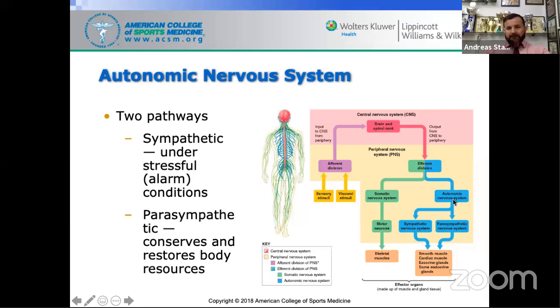Now I have the autonomic nervous system. I can break it down into sympathetic and parasympathetic. Sympathetic has to do with alarm conditions. Like somebody scares me, I'm screaming, or my adrenaline goes up, which means my heart rate goes up, and I'm going into an alarm condition. It's stressful. And then we have the parasympathetic nervous system that's like, it's cool, relax. Chill. It tries to take my heart rate down, put me back in that homeostasis.